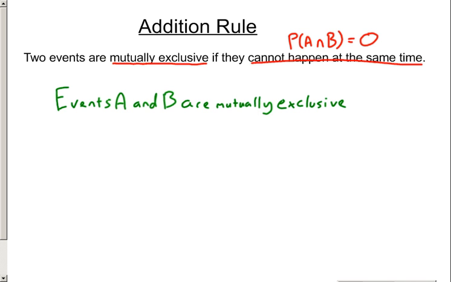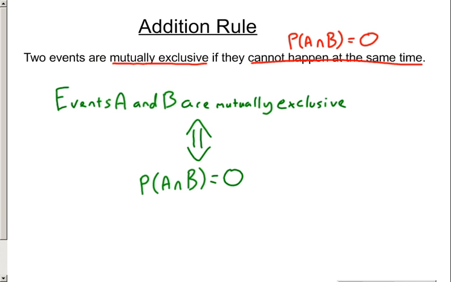if and only if, so double-headed arrow, if and only if the probability of A intersected with B is equal to 0. That means if they're mutually exclusive, their intersection will be 0, but also if the intersection is 0, they are mutually exclusive. This works both ways.